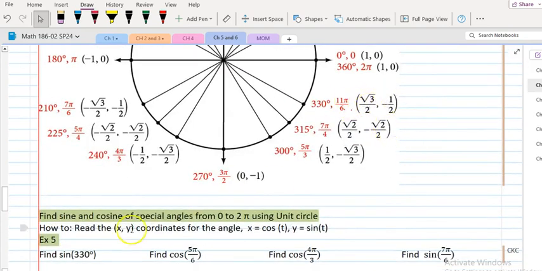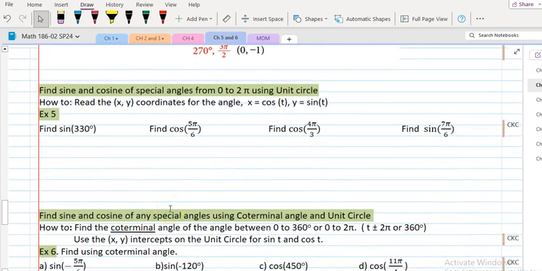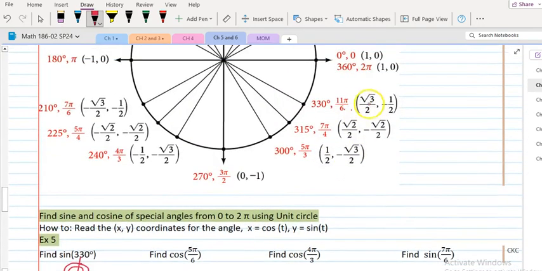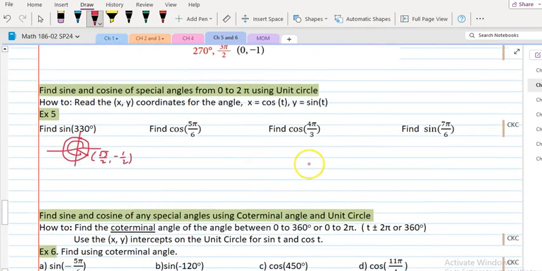I usually would just get myself familiarized with the unit circle, but let me draw the picture. I know 330 is here because it goes all the way around to here. And this point is what? x is root 3 over 2, y is negative 1/2. I actually copy it from the unit circle: root 3 over 2 comma negative 1/2.